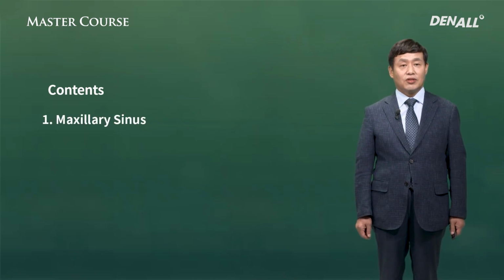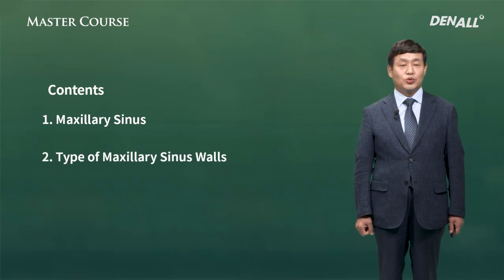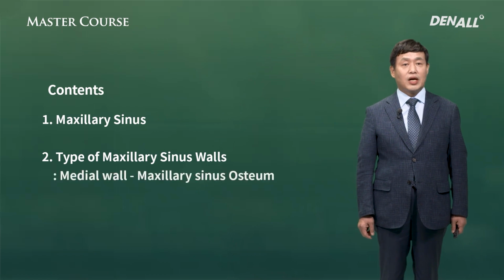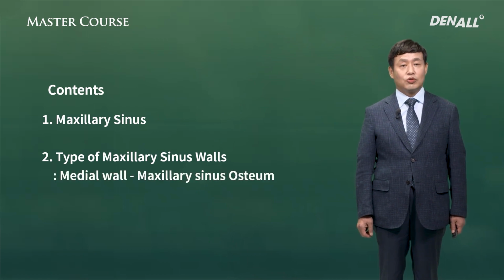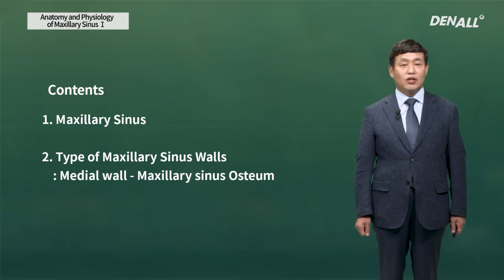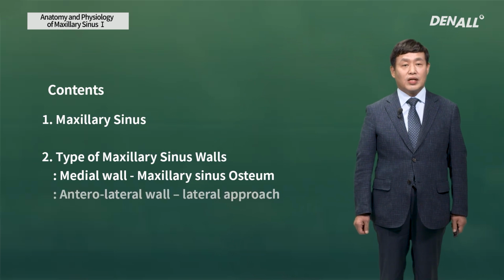So we have talked about maxillary sinus characteristics and types of maxillary sinus walls, 5 of them. The medial wall, the most important structure is the maxillary sinus ostium. It connects the maxillary sinus and nasal cavity.